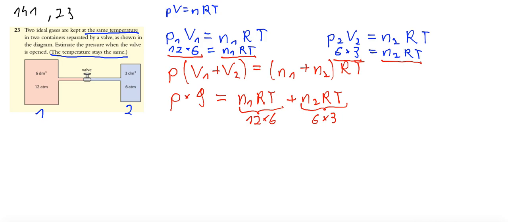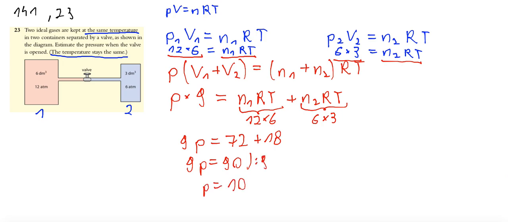Okay, so finally we have 9P is equal to 12 times 6 is 72, plus 6 times 3 is 18, so 9P is equal to 90, so new pressure is 10, and the unit the same as here, so 10 atmospheres.